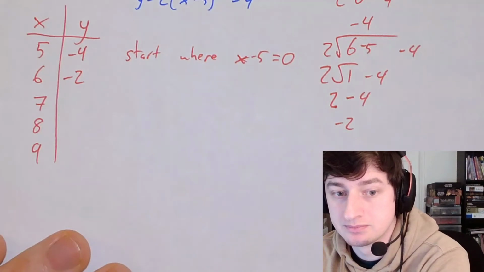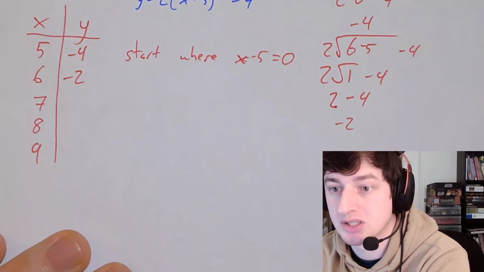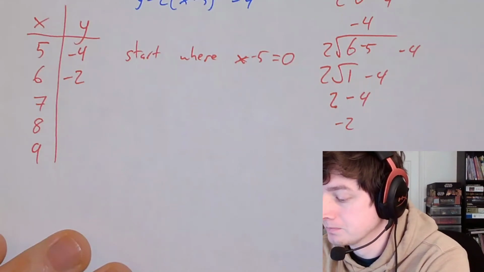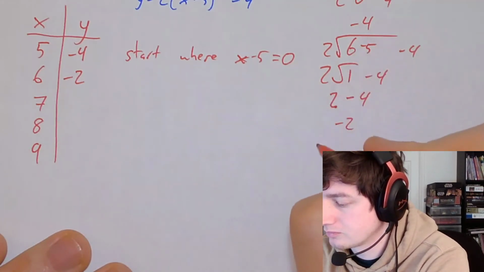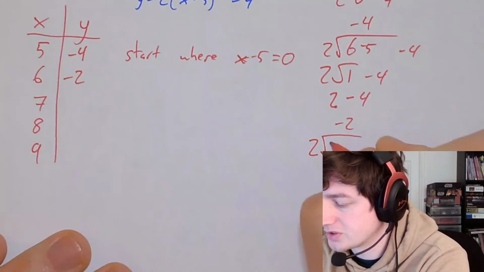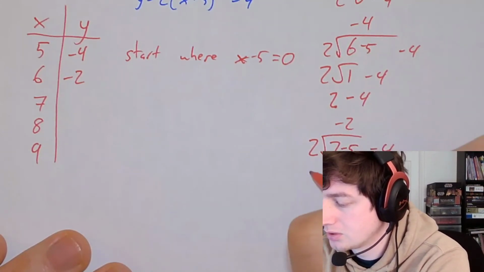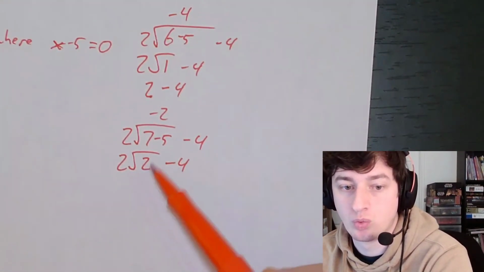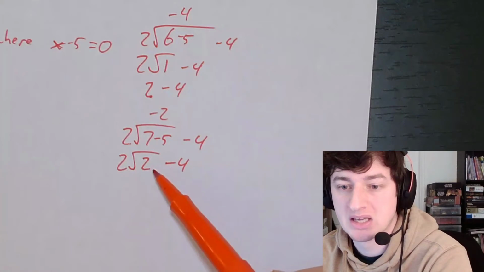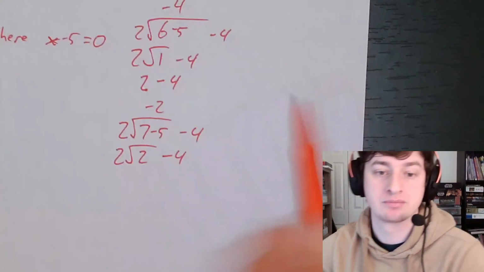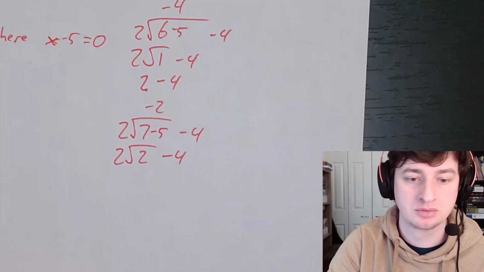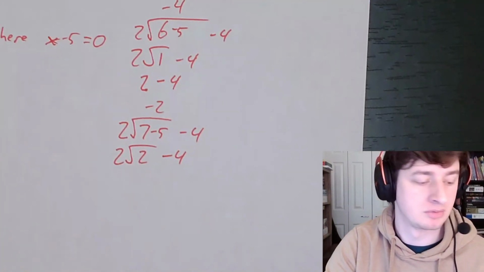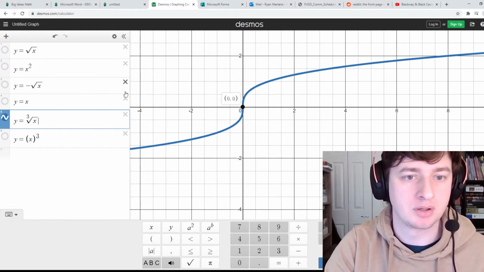Now 7 is going to give me a decimal. I need a calculator for sure. 2 square root of 7 minus 5 minus 4 is 2 square root of 2 minus 4. So it's 2 times that other number we had, that 1.4 thing. But honestly, just plug this into a calculator. So I'm going to go to Desmos and delete all this stuff.